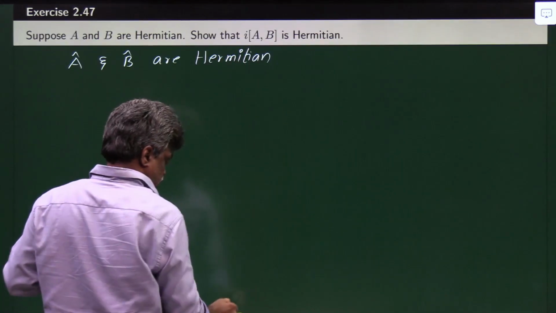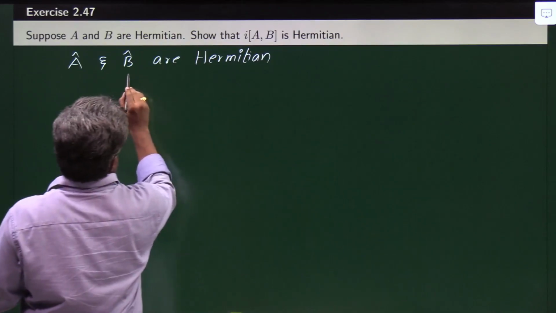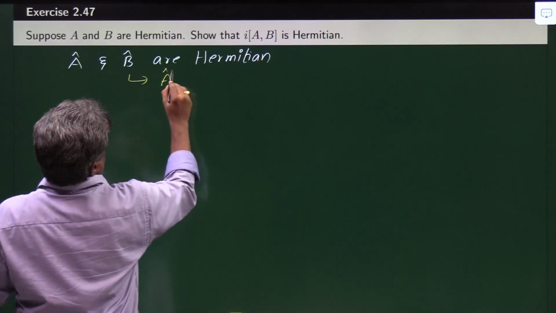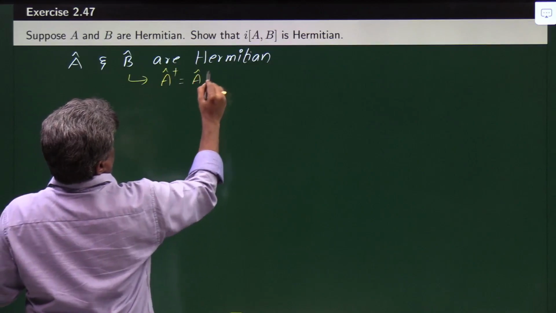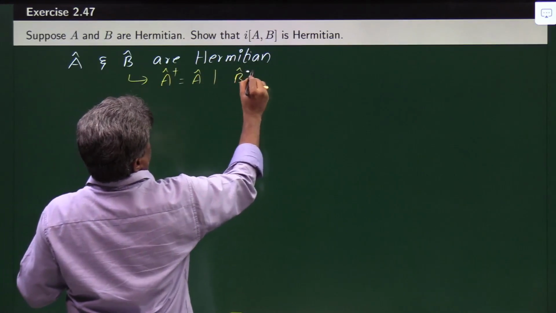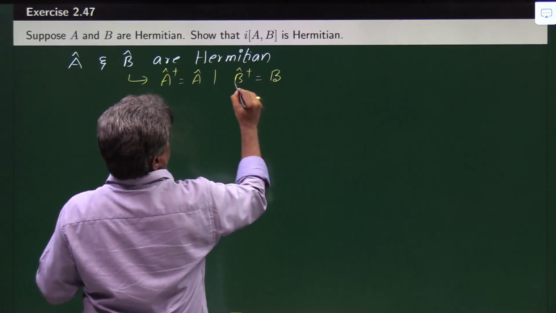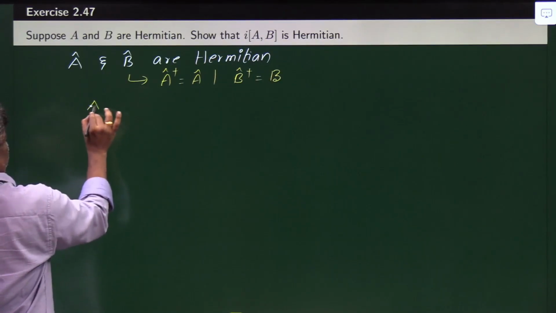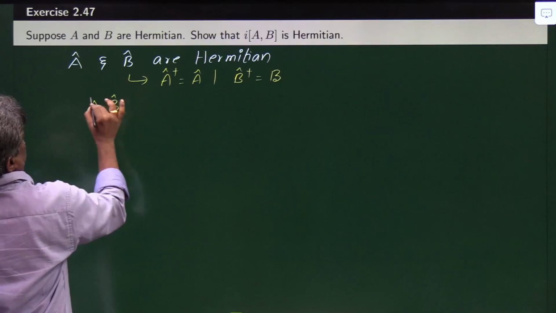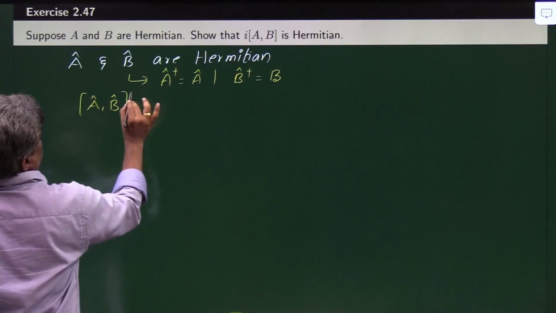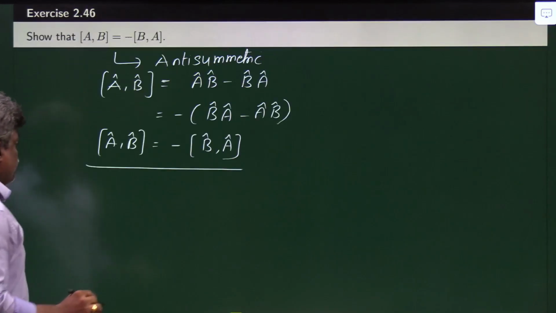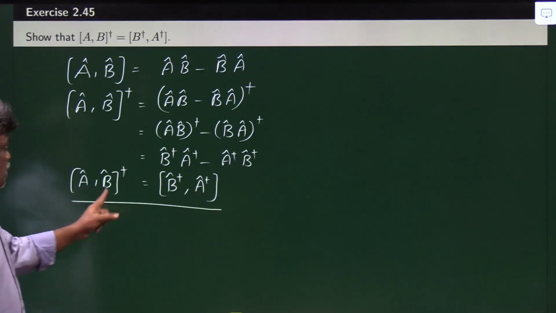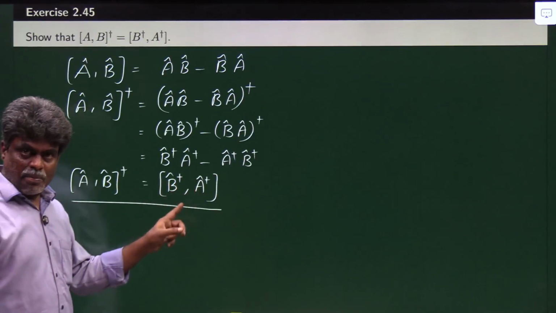What is the meaning of Hermitian? Hermitian operators mean A dagger equals A as well as B dagger equals B. Now I am taking the commutator [A, B] whole dagger. Earlier we have shown that [A, B] whole dagger equals [B dagger, A dagger].